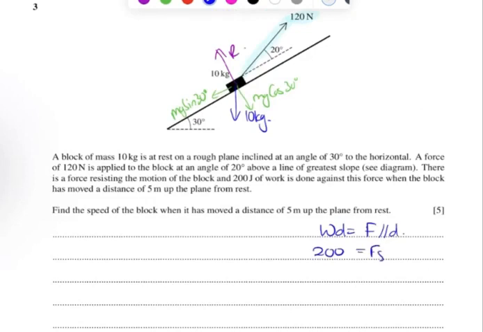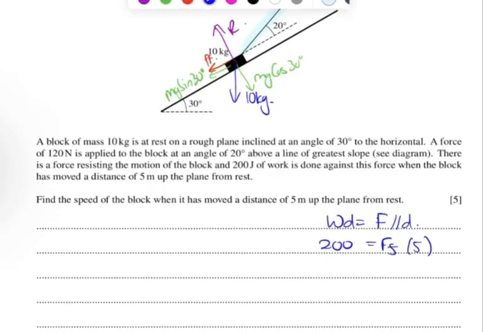So that's the frictional force when it's moved 5 meters up the plane. Okay, so friction is acting down the plane. We can work out the frictional force because it used 200 joules in 5 meters. So 200 divided by 5 is a frictional force of 40 newtons.